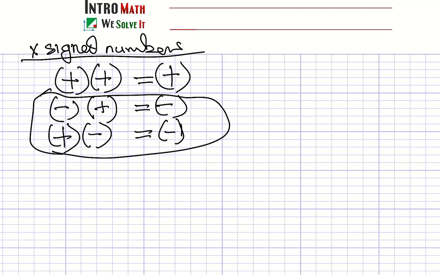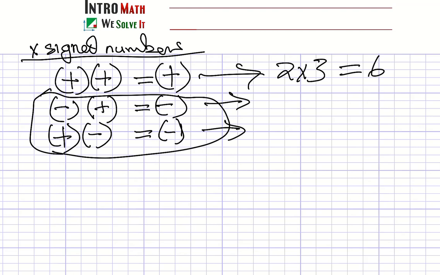Let me give you an example of each. Let's say 2 times 3. You always get 6, because both 2 and 3 are positive numbers. Now, supposing you have negative 3 times 3, you're going to get negative 9.